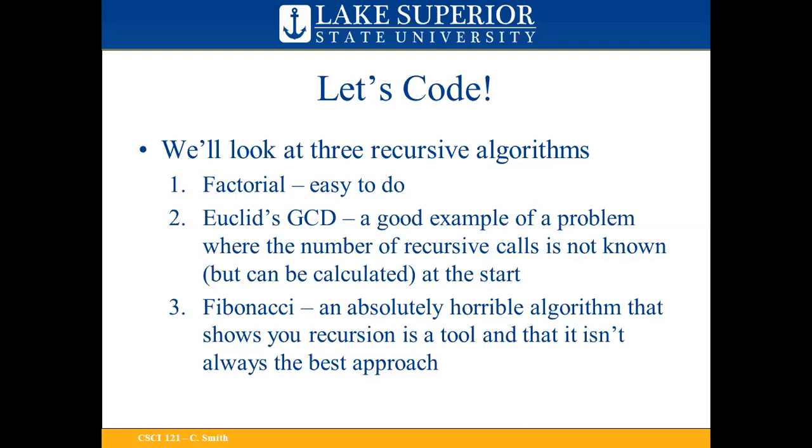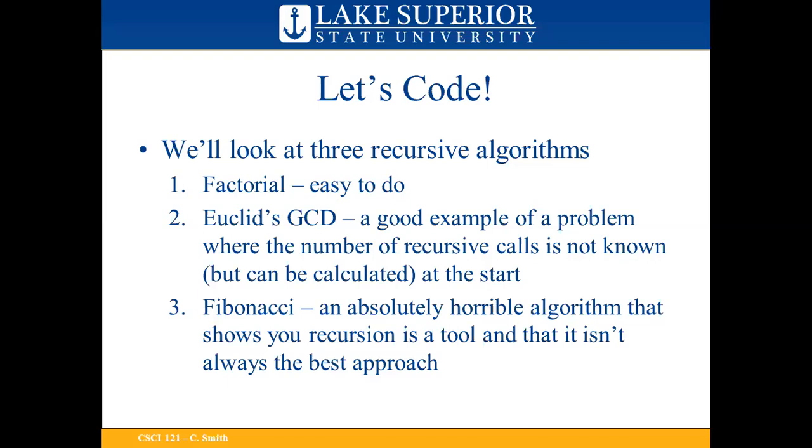Euclid's GCD is a good example of a problem where the number of recursive calls isn't known. I can tell you, when you pass a number into recursive factorial, like 12, you're going to chain 12 deep recursive calls until you hit that base case. And then it's going to pop all the way back up. It's going to return all the way back up.